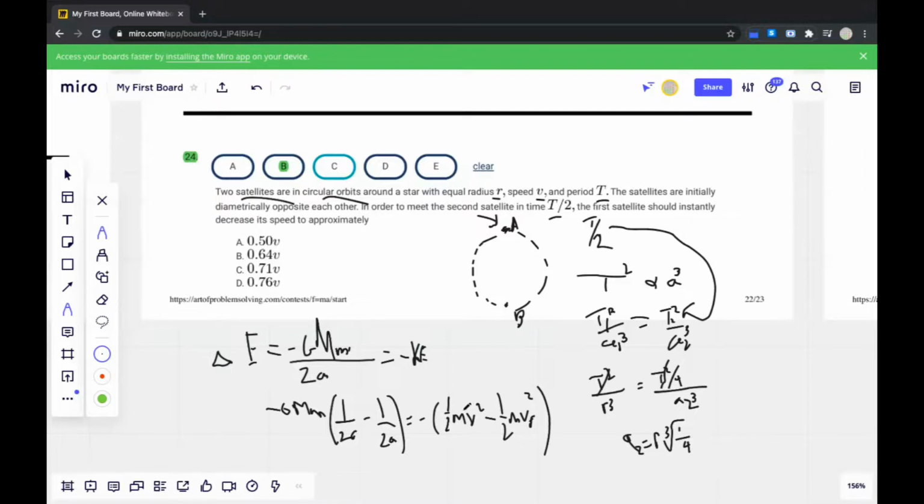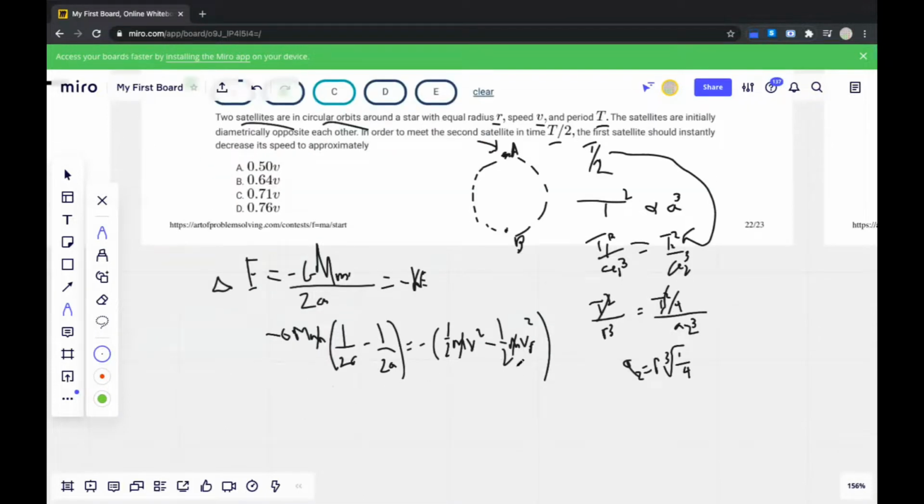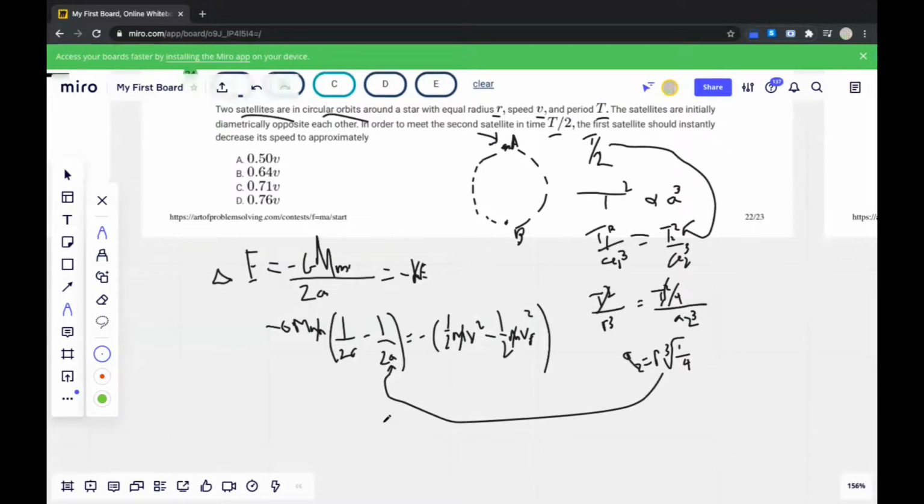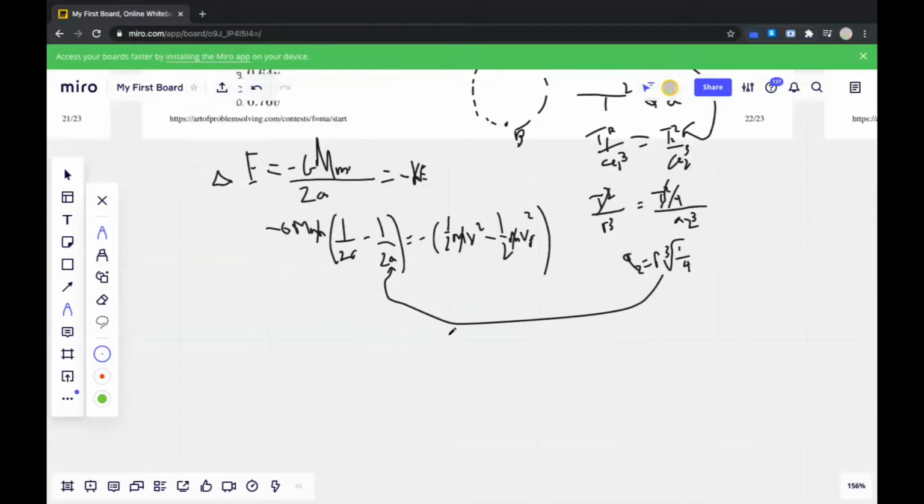Now we can cancel out the masses on both sides, and we can solve for vf by plugging in a2 as this new semi-major axis. Okay, so first we can get rid of this minus sign on both sides, and if we simplify, we get GM over 2 times (1 over r minus 1 over r times the cube root of 1/4).